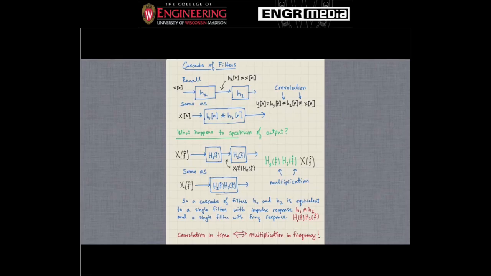But then that's also equivalent to a single filter with frequency response H1 of f hat times H2 of f hat. So those filters are identical. It's just two different ways to characterize the filter. So what that tells us is that a filter with an impulse response H1 convolved with H2 has a frequency response capital H1 of f times capital H2 of f. And again, that's just another way to see this general idea that convolution in time is equivalent to multiplication in frequency.